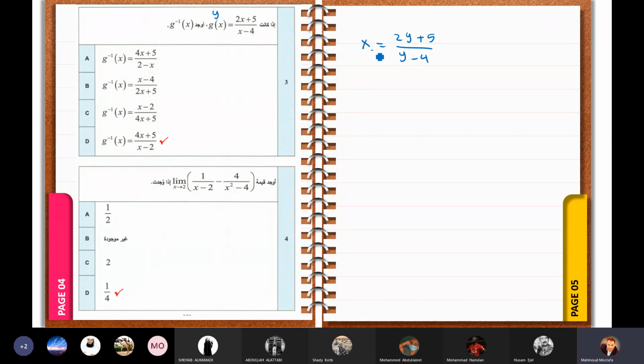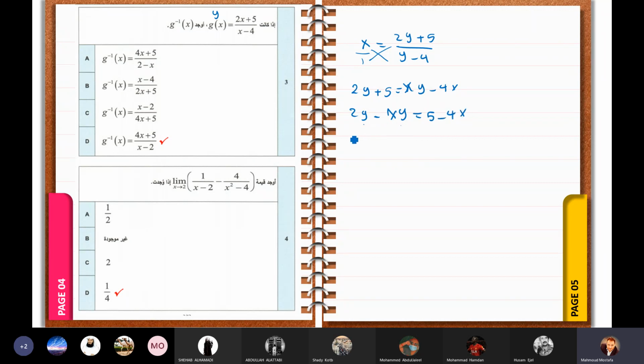How to solve for y? We can cross multiply, because x means x over 1. So, we have 2y plus 5 equal x multiply y, xy minus 4x. Any term has y, put it together, 2y minus xy is equal to 5 minus 4x.